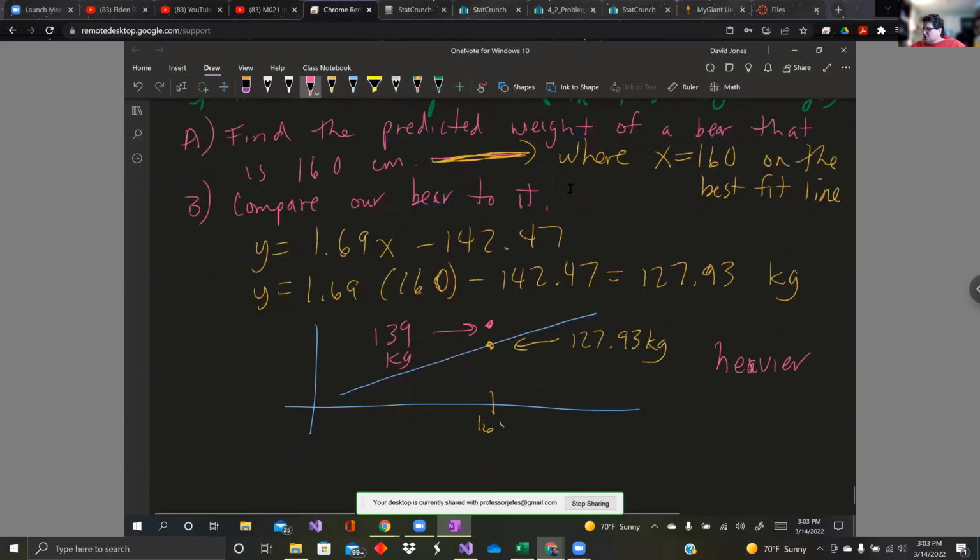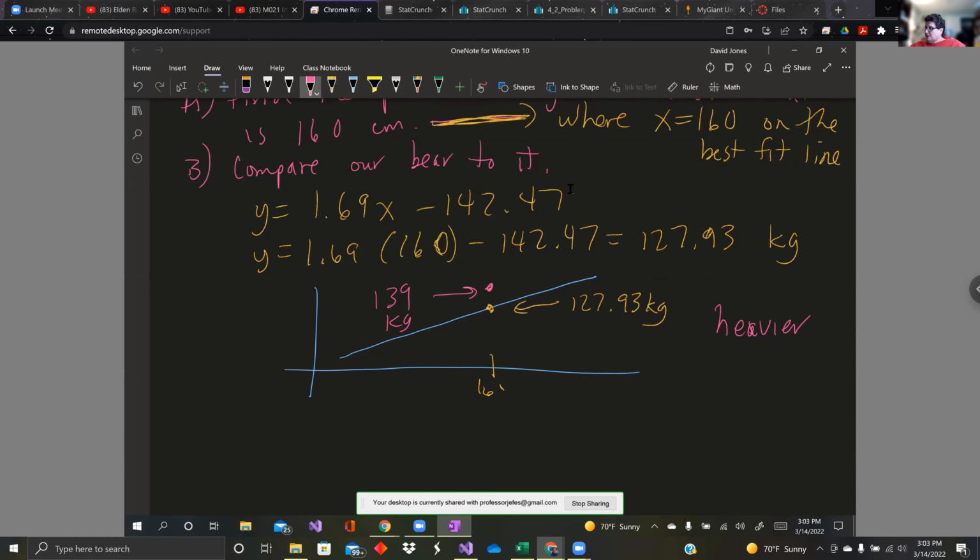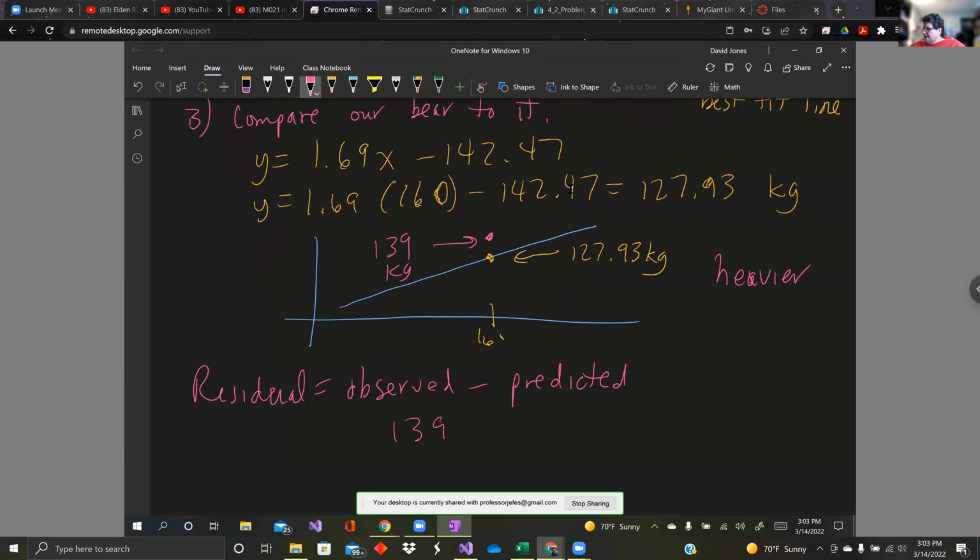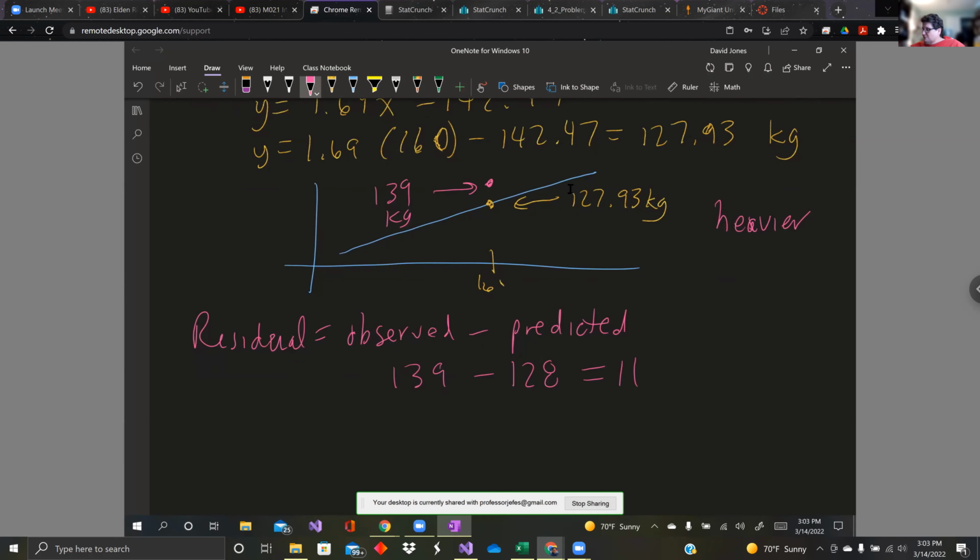But you don't need to draw the picture to determine it. We can just do that residual thing. It was the observed minus predicted. 139 minus, I'll round that to 128, is 11. If the residual is greater than 0, it's larger. And if it's less than 0, it's smaller.